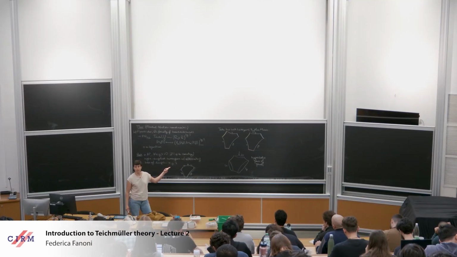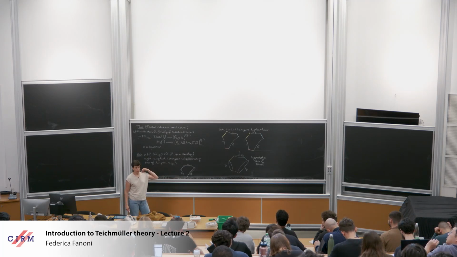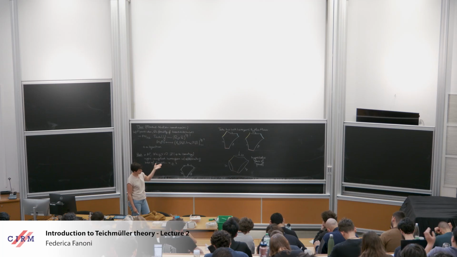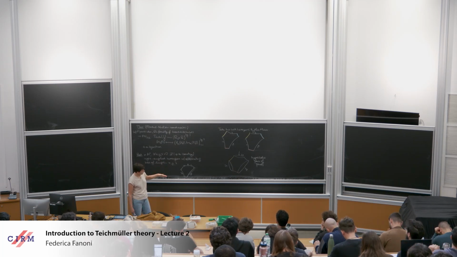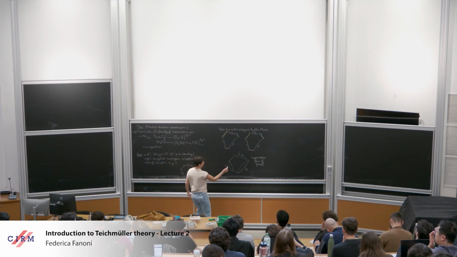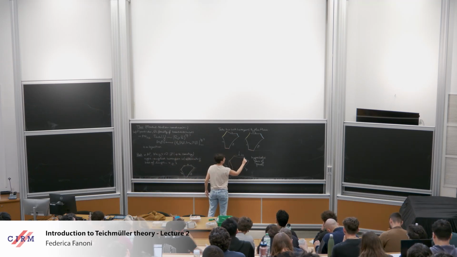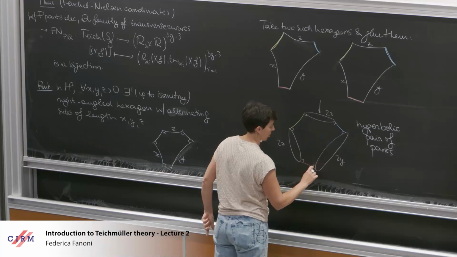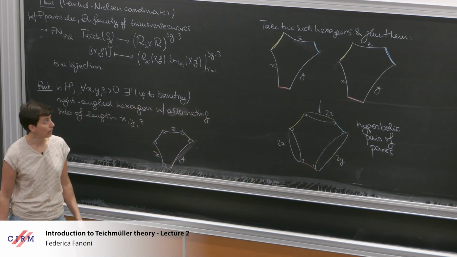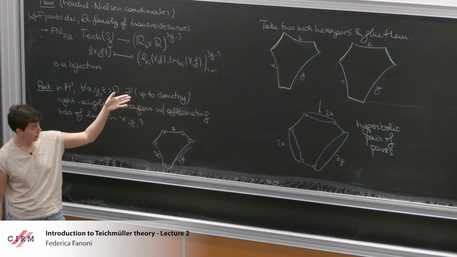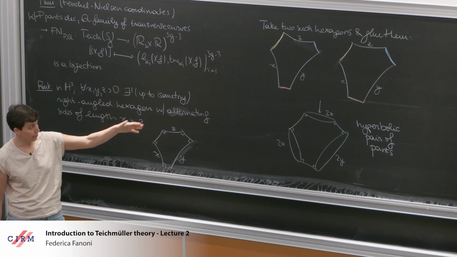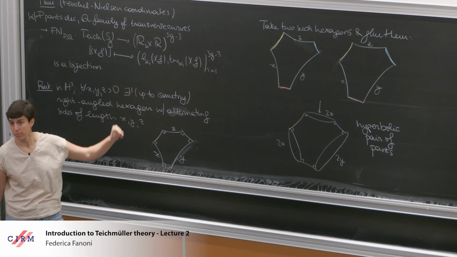So this tells me that every time I have three lengths, I can construct a hyperbolic pair of pants with these three boundary lengths. And this is going to be unique, because if I have another pair of pants with the same lengths, I can cut along the orthogonals, the ones that here have colors. I get two identical, by symmetry, hyperbolic hexagons with the lengths that are half the length of the boundary, and those are unique.